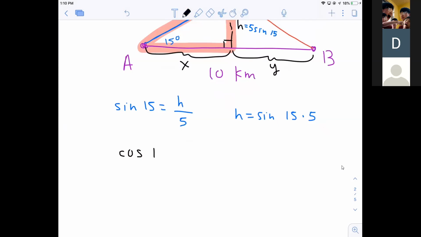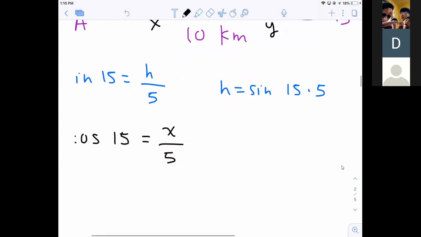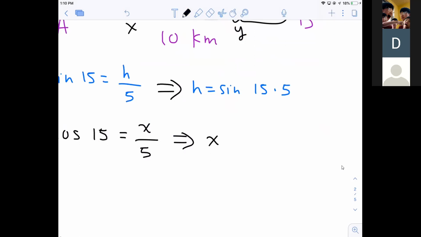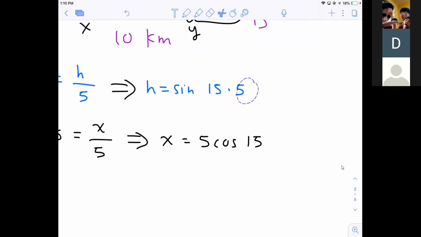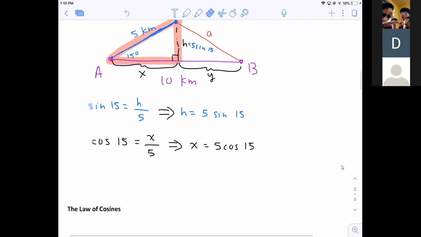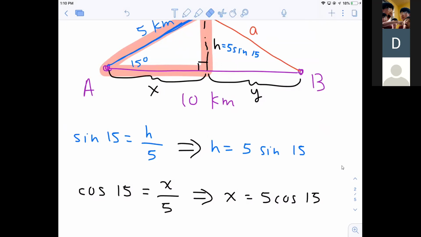I'm going to say cosine of 15 is adjacent, which is X, over the hypotenuse, which is 5. So I can say that the length of X, multiplying both sides by 5, is equal to 5 cosine of 15. And I'm going to move the 5 in front up here from before, just so it doesn't look too funny. All right. So this length of X here is 5 cosine of 15.